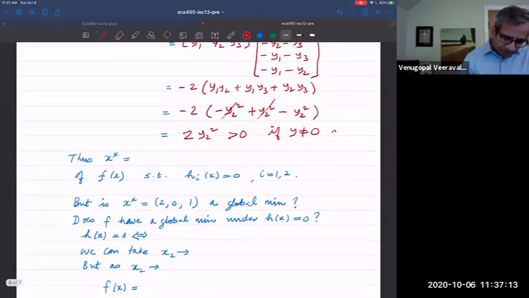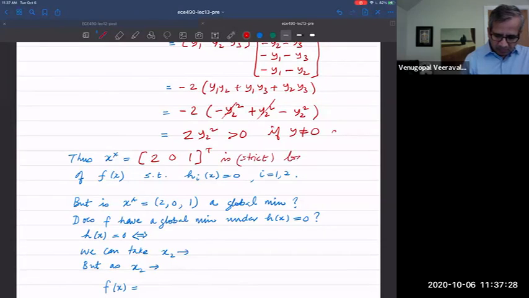All right, that means that our x star, 2, 0, 1 transpose, is a strict local minimum for the optimization problem of f such that hi x equal to 0.